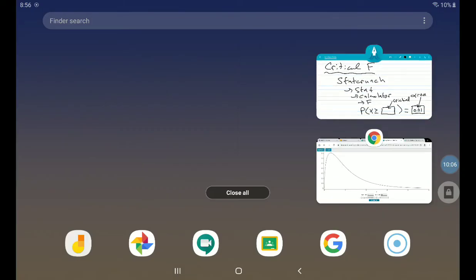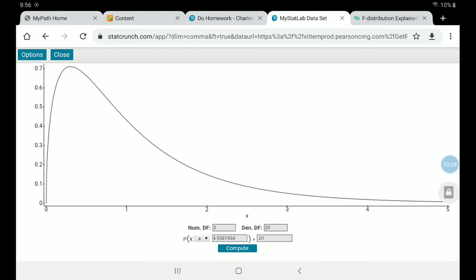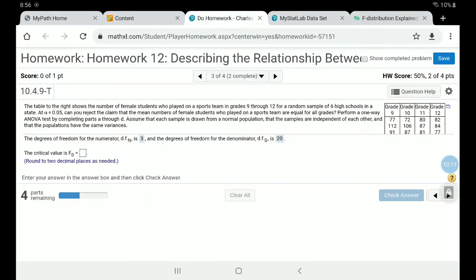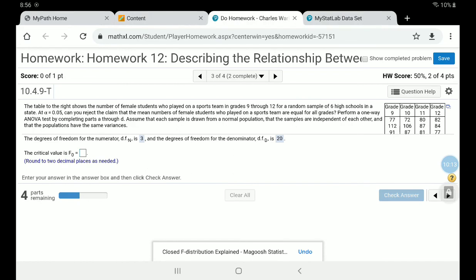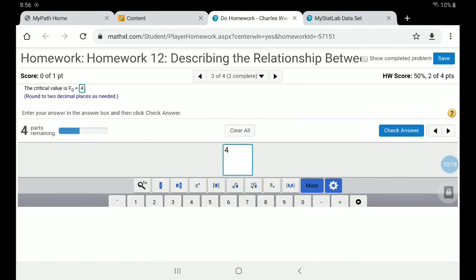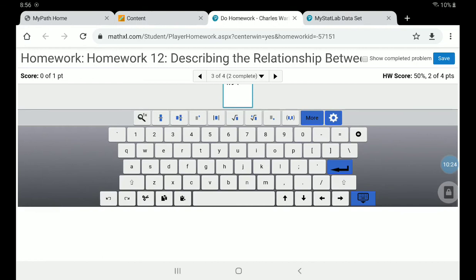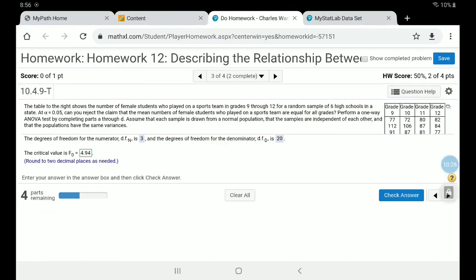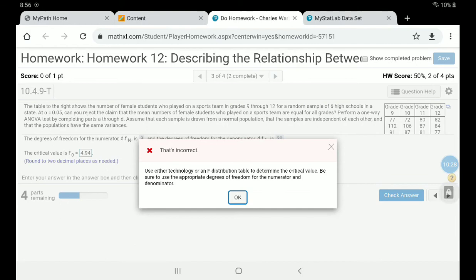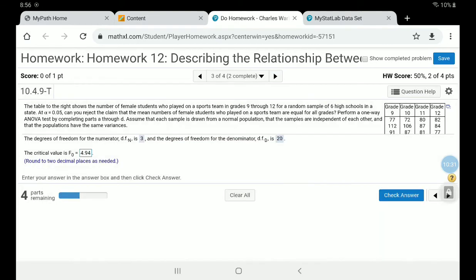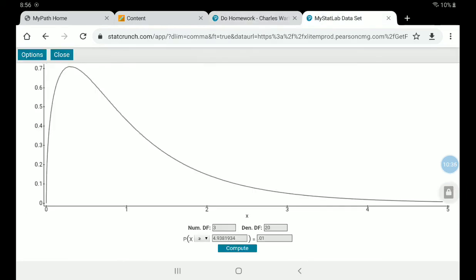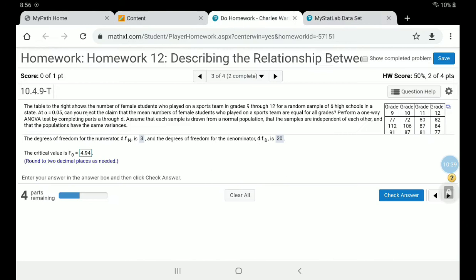My critical value was 4.94. Okay. What did I do wrong there? 3 degrees of freedom, 20 for the denominator.